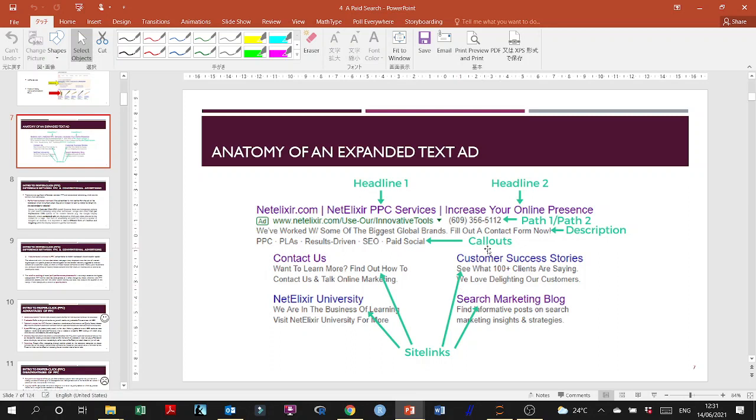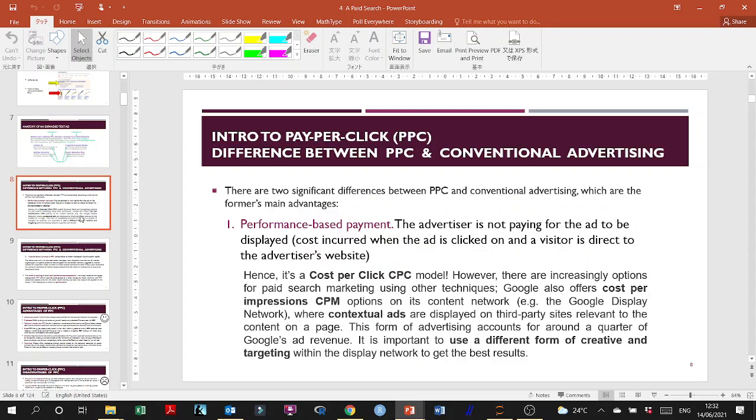And then you have also the callout extensions. With the callout extensions you focus on certain features in your store and so on. There are also other extensions called snippets. These, for example, if you have an e-commerce store, you can specify different categories or styles, men, women, kids, and so on. I showed you an example.